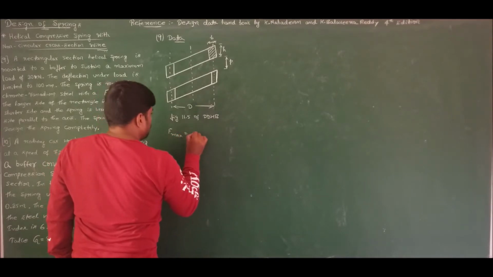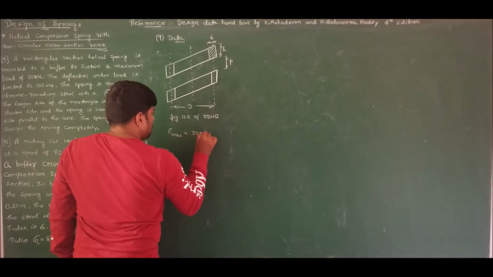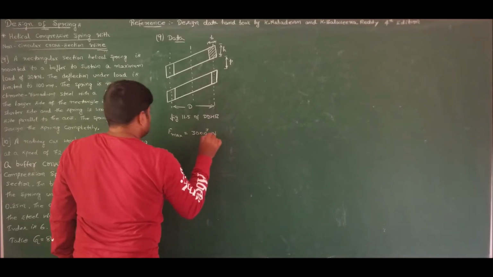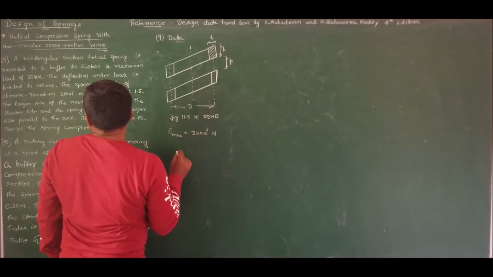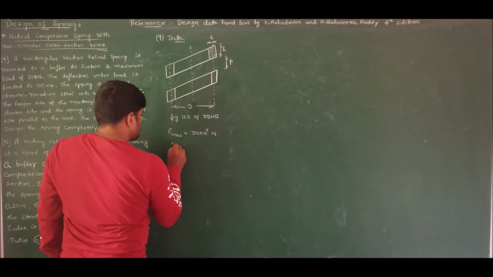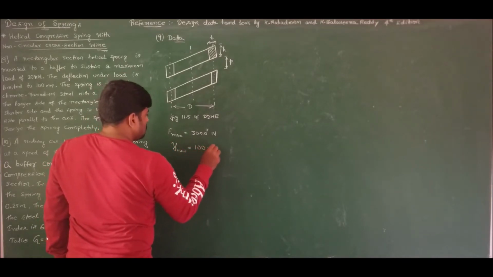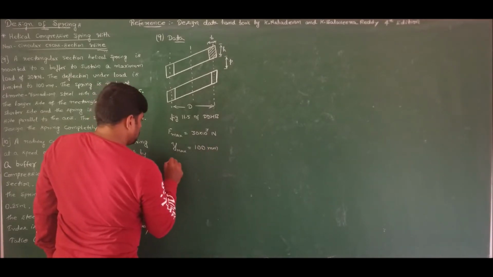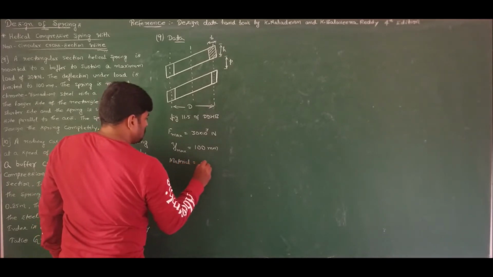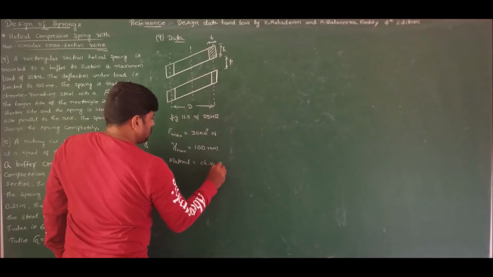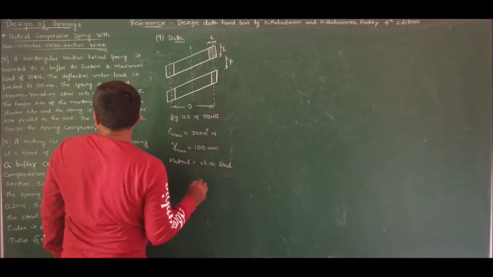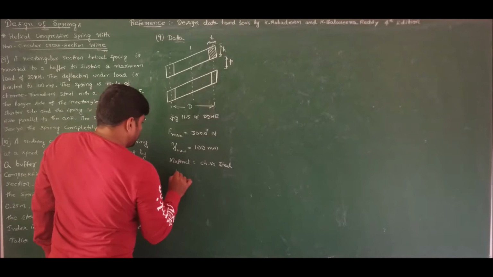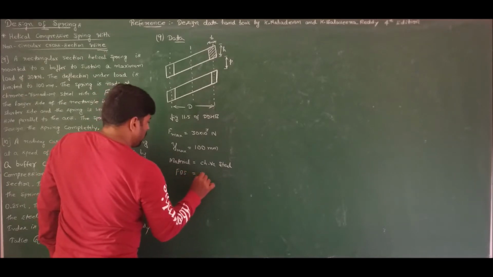F max is 30 kilonewtons, 30 into 10 to the power of 3 newtons. The deflection under load is limited to 100 millimeters, so Y max is also specified, which is 100 mm. The spring is made of chromium vanadium steel, so the spring material is specified, and they specified the factor of safety as 1.5.